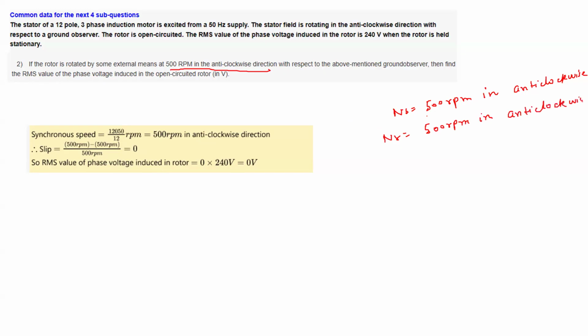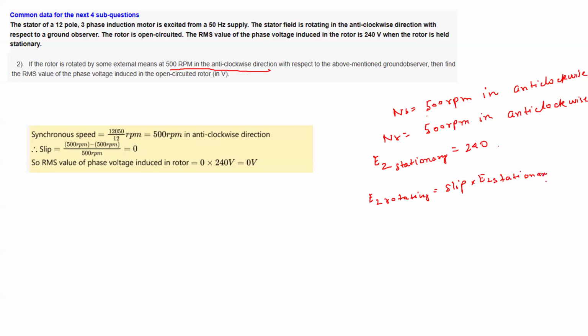So E2 stationary is 240 volt. Now they're asking us E2 rotating. So this is slip times E2 stationary.